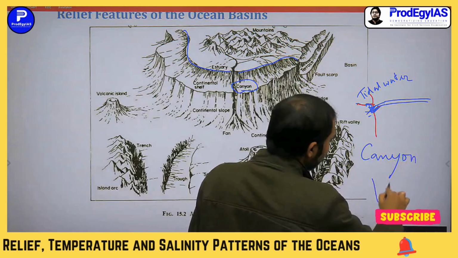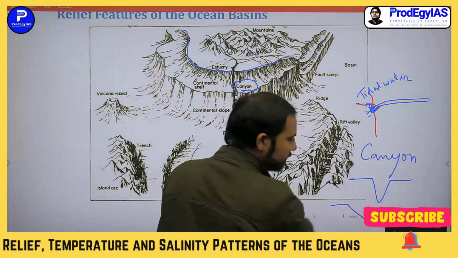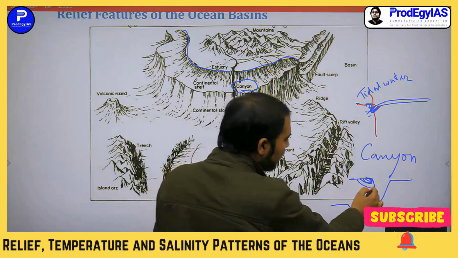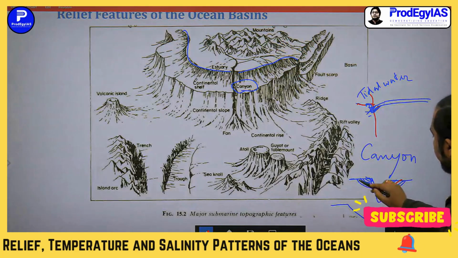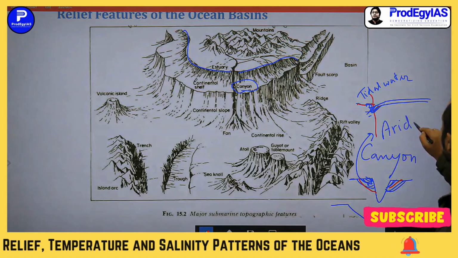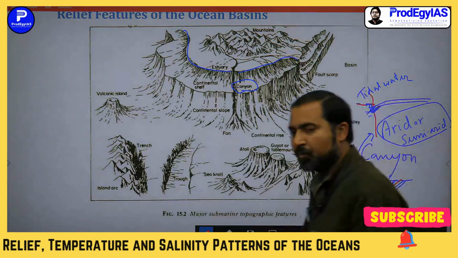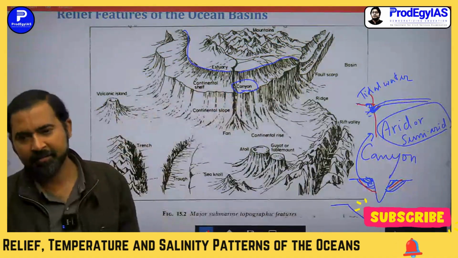because canyons are not V-shaped like this, they are broad like this. To pluck these sediments out of the region and to widen the valley by the exogenic factors, the region should be arid or semi-arid. Yeah, the climatic factors are there for canyon formation, but this canyon is a submarine canyon.